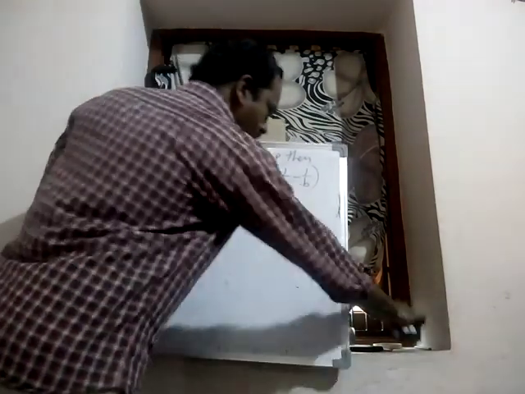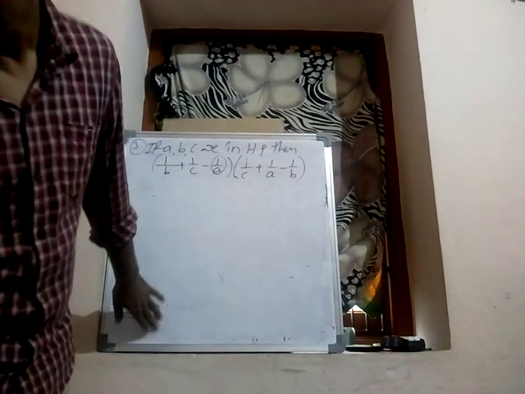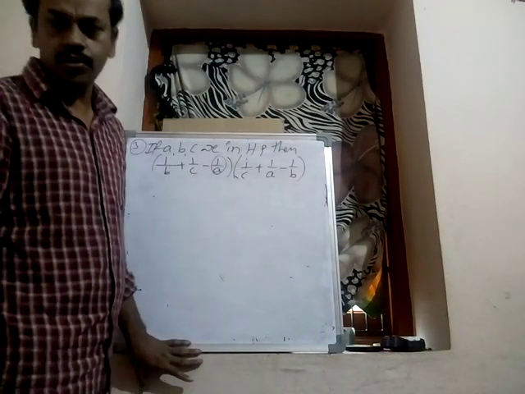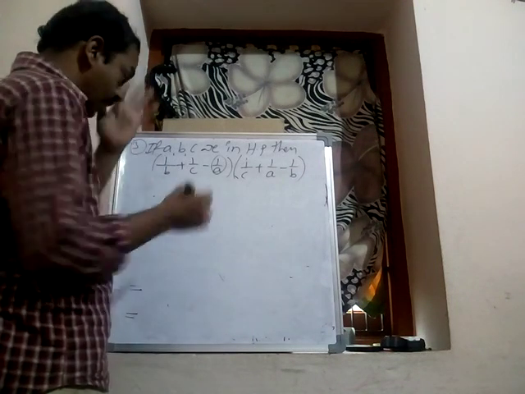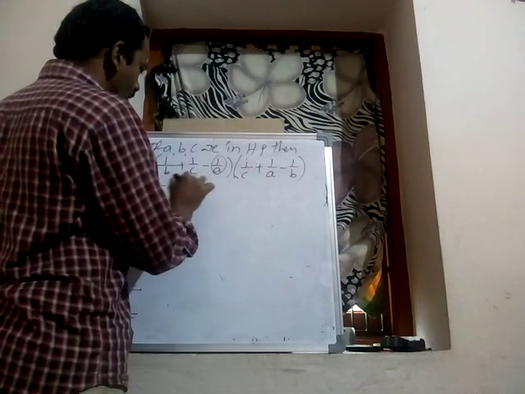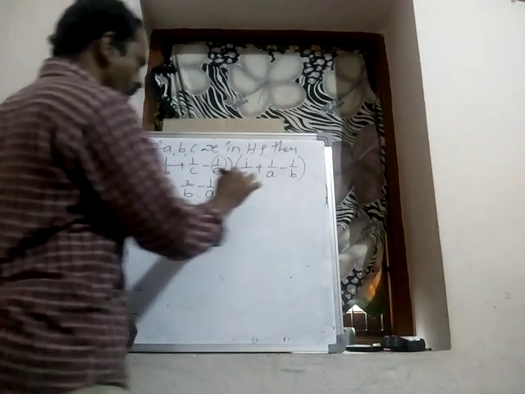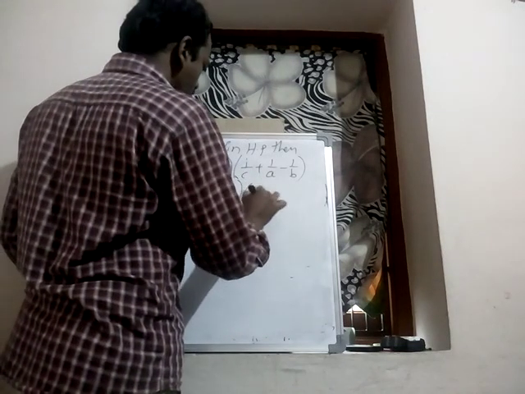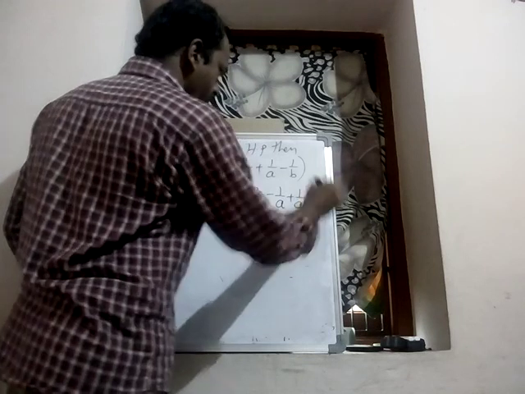So next one, the third one. In the third option there is no c, so we have to remove c. In place of c, take the value of 1/c. So 1/b + 1/c means 2/b - 1/a, minus 1/a. Here 2/b - 1/a plus 1/a - 1/b.